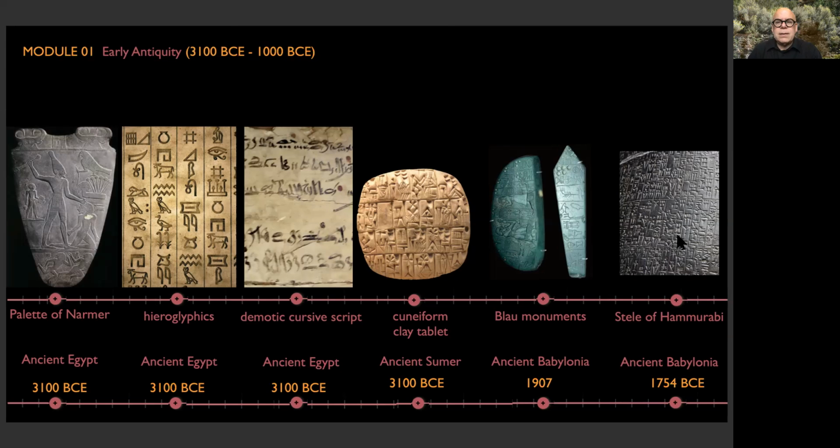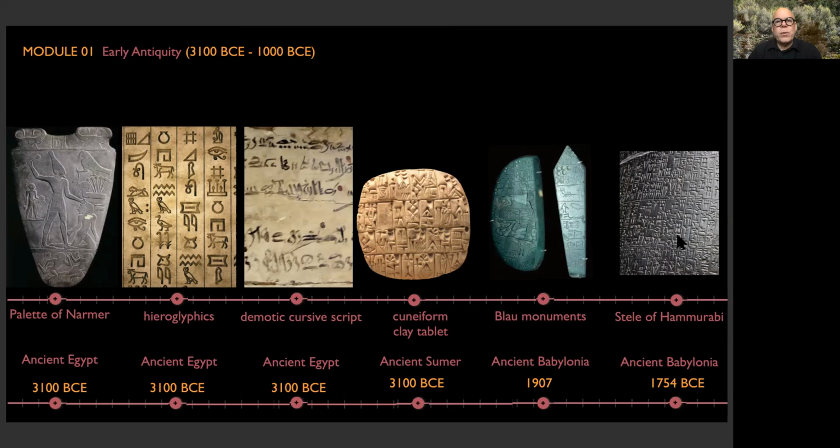First, we see it in, and that's again the wrong date there. I don't know why it says 1907, honestly, but it's around 2700 to 2500 BCE, and these are the so-called Blau monuments, B-L-A-U monuments, which start to record important facts and accompany them with illustrations to support their meaning.